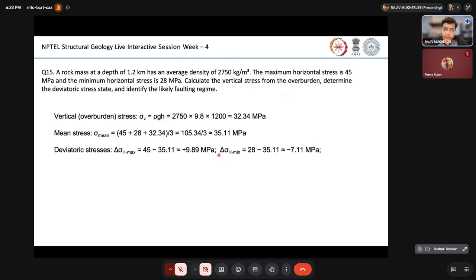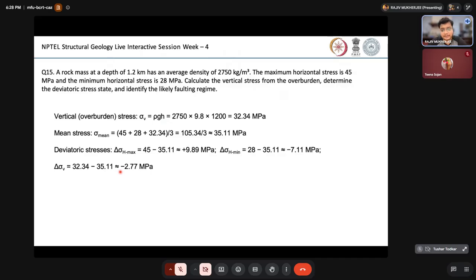So what does this stress mean? Anything having a minus sign would mean it is tension, right? No compression, it is going to tension. And the vertical deviatoric stress will also be in tension.